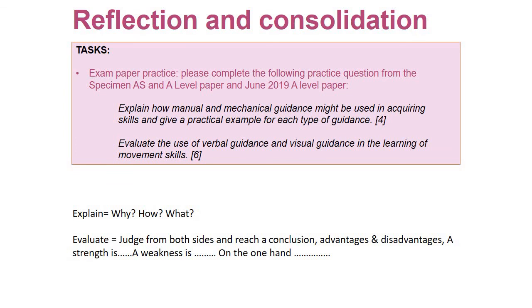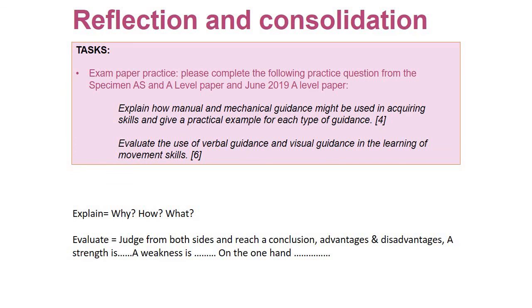Remember, it's really important to have those practical examples. Just looking at some of the work we've done previously, some people are still missing them out. And even if you've got all the information, if you haven't described it or explained it around a practical example, you won't get the marks. You can see below, I've just put, to remind you what explain means, that it's the why, how, and what.